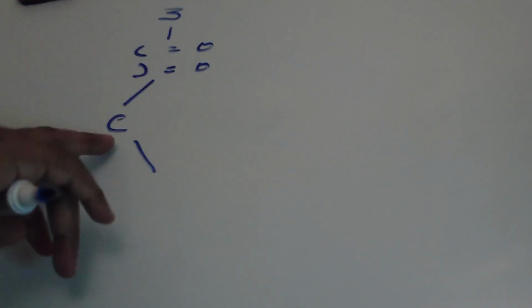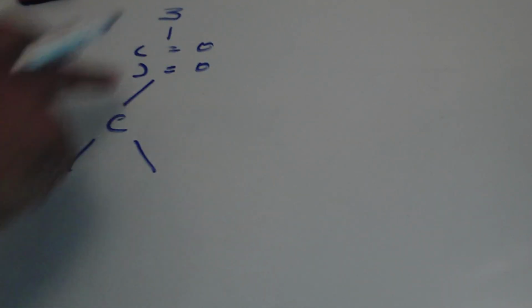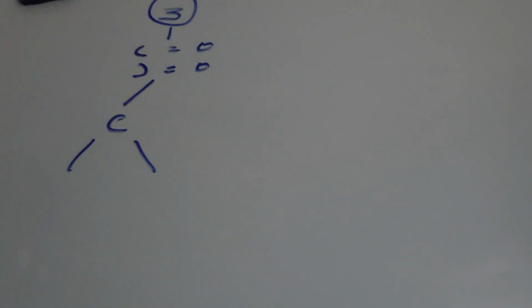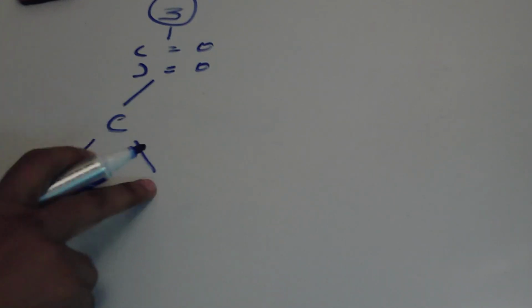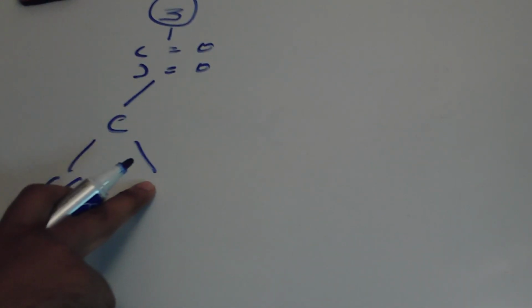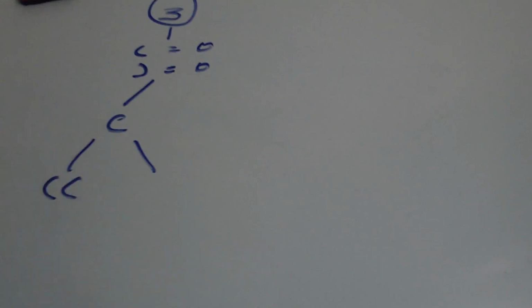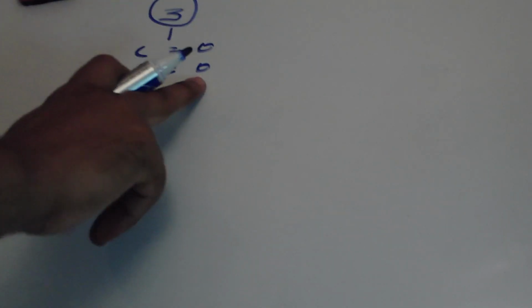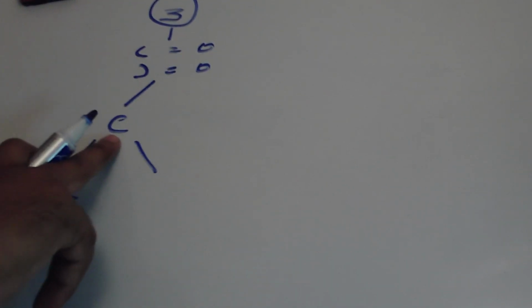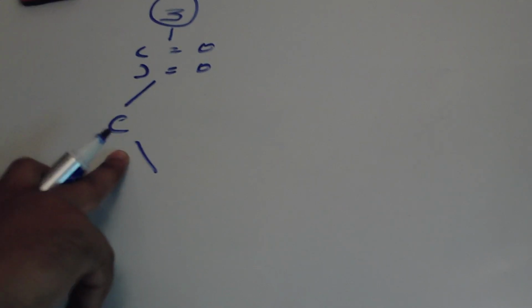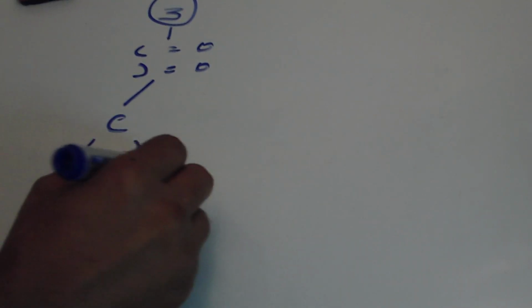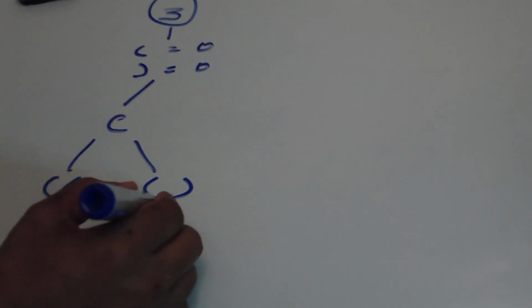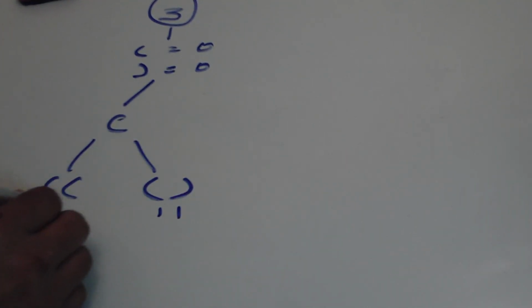Since the number of opening parentheses is less than our given number, we can assign more opening parentheses. In the second case, the number of closing parentheses is less than opening parentheses, so we can assign a closing parenthesis. Here the counts become 1 1, and here they become 2 0.